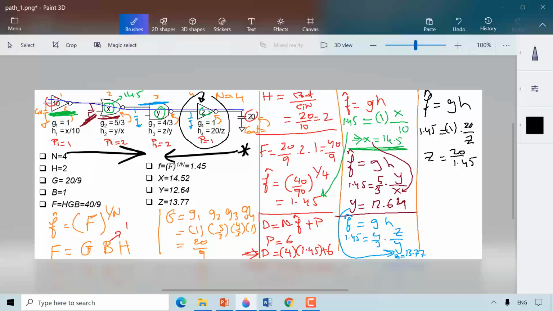And from Z I can go back to this gate to find Y and then X. So in other words, you can approach finding these variables either from the input side or the output side. If you do it either way, your computation should result in the same numbers for X, Y, and Z.